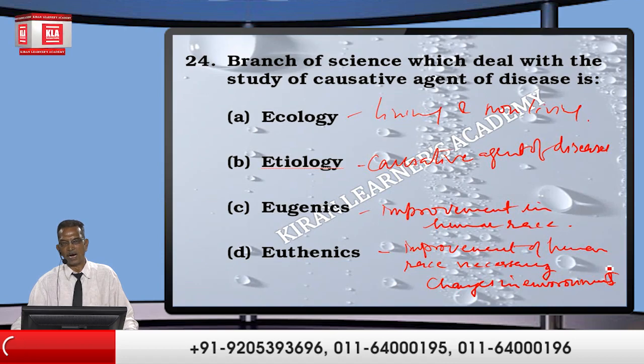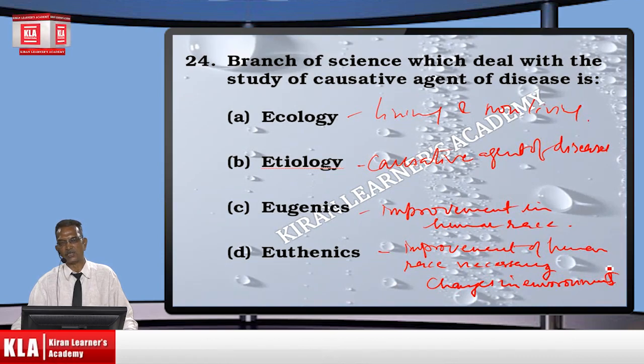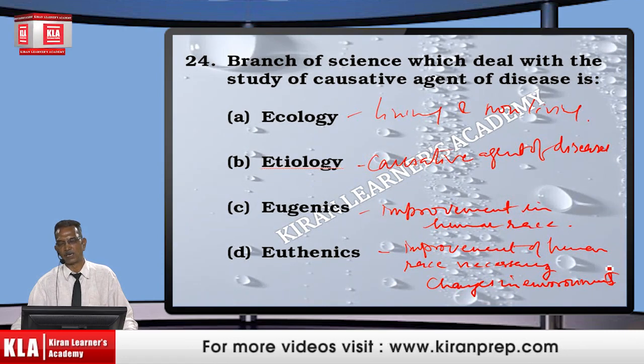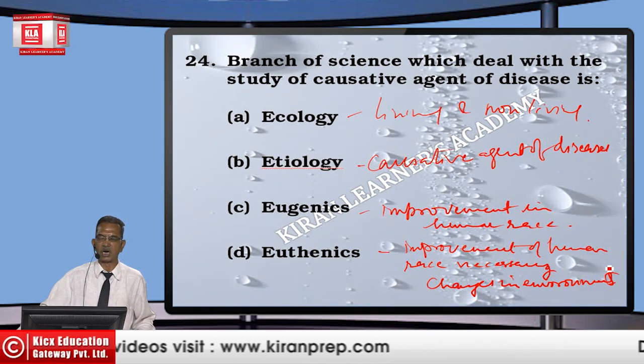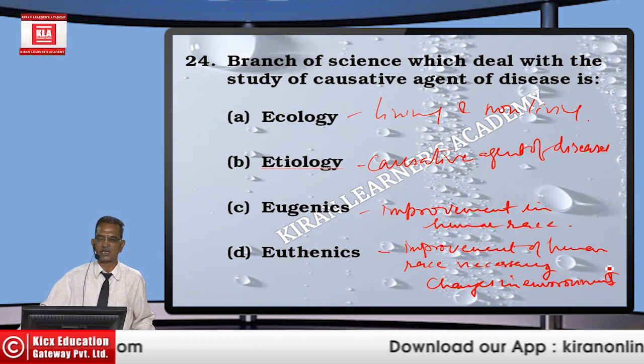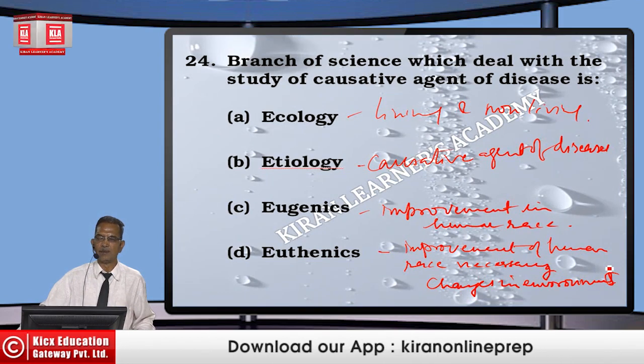So, changing the environmental conditions surrounding people, particularly workers. If a particular worker continues working in a particular condition for a long time, he may end up suffering from diseases like silicosis, pneumoconiosis, etc., which you have heard of.